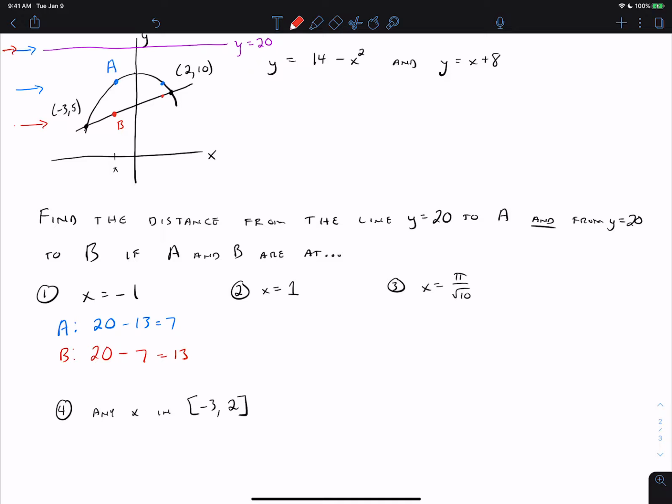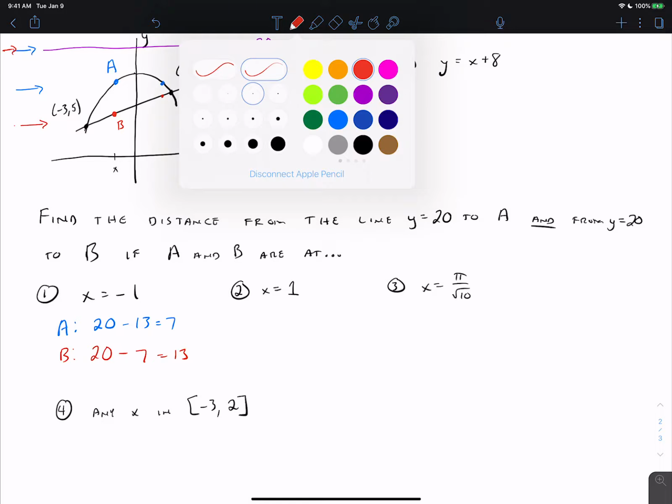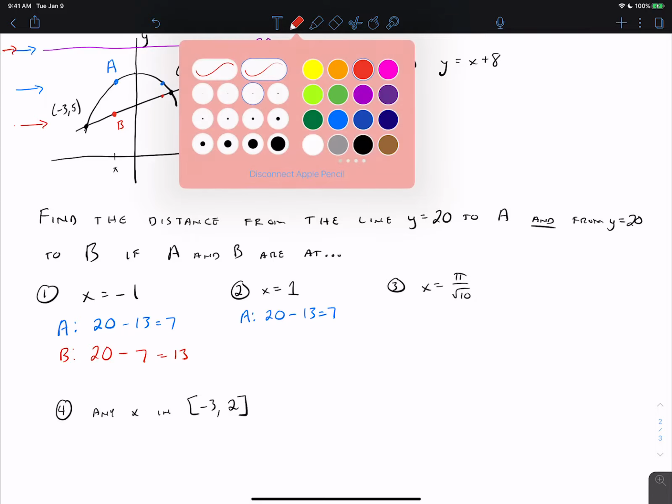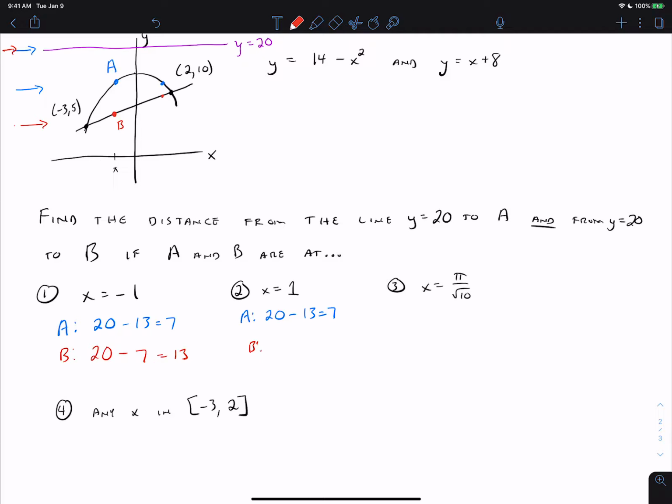Okay, on number 2, we're going to again take the top y minus the bottom y. We get 20 for the top y, 13 for the bottom y, which is 7. On B, we do take the top y, 20. The bottom y is now 9 because we're plugging 1 into the slanted line, and we get 11.